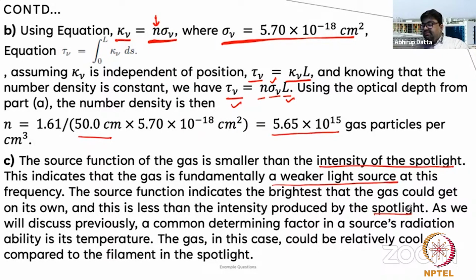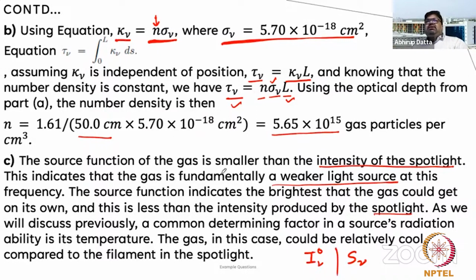produced by the spotlight. So essentially, the source function was given by S nu. The original spotlight has I naught nu. Definitely this was 5 in the units, and this was the same unit. It was around 2. So definitely the source function of the gas is weaker than that.